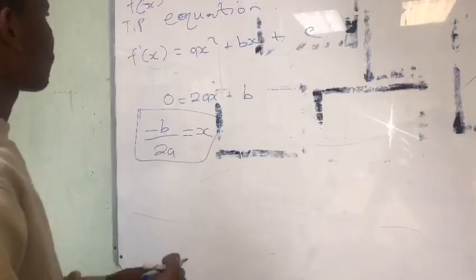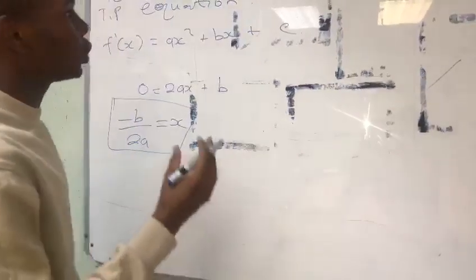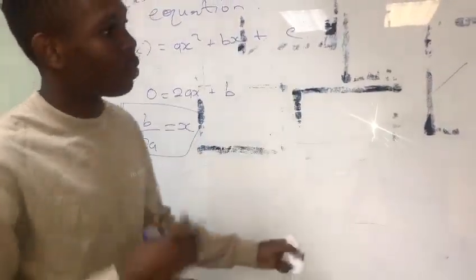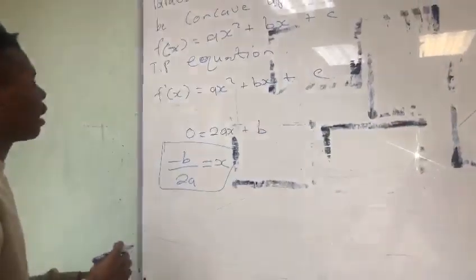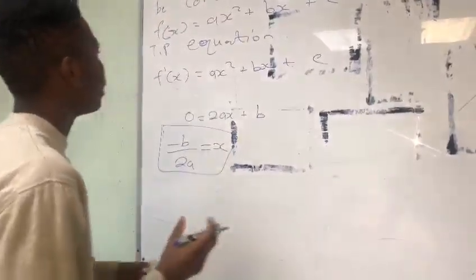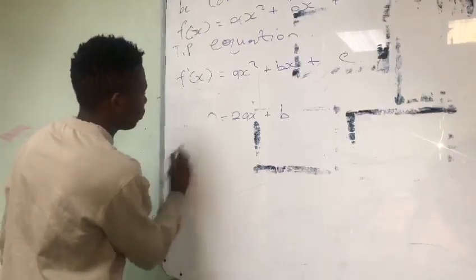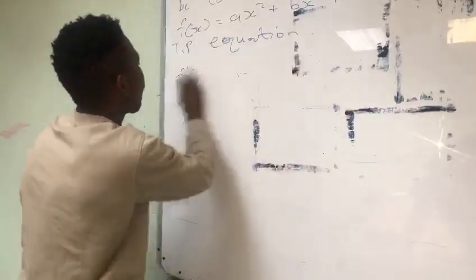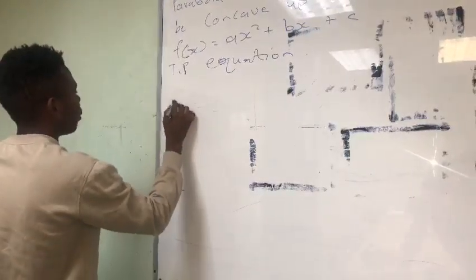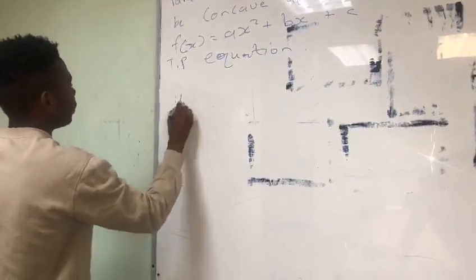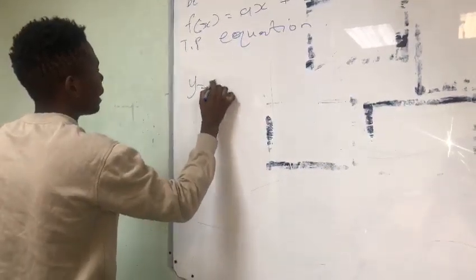So I will show you the effects of A, B, and C on our parabolic equation, right? Let's say we have y is equal to x squared.